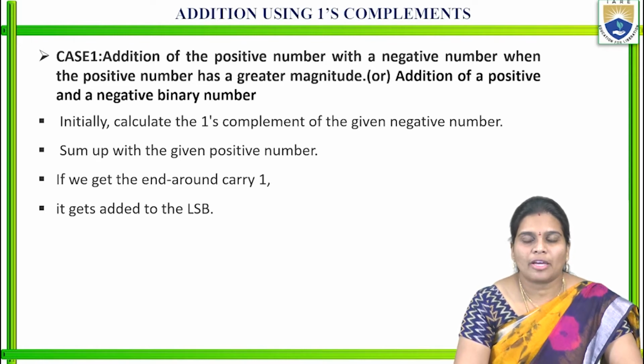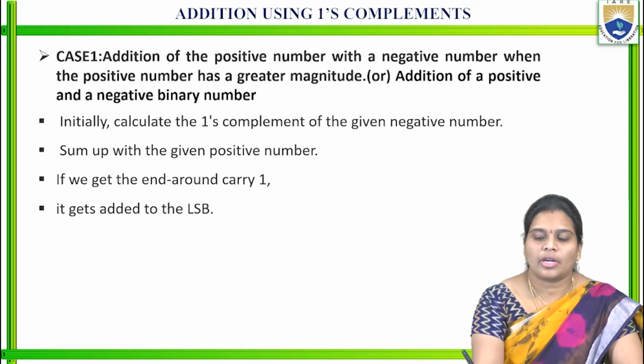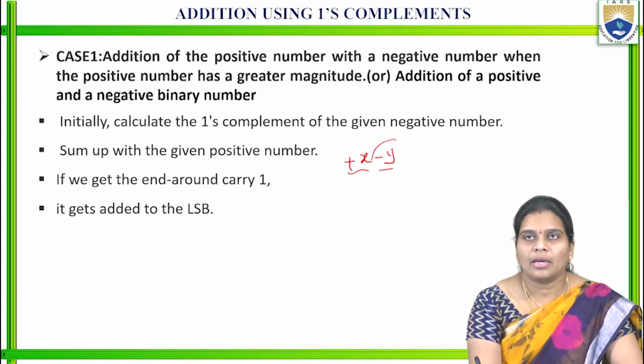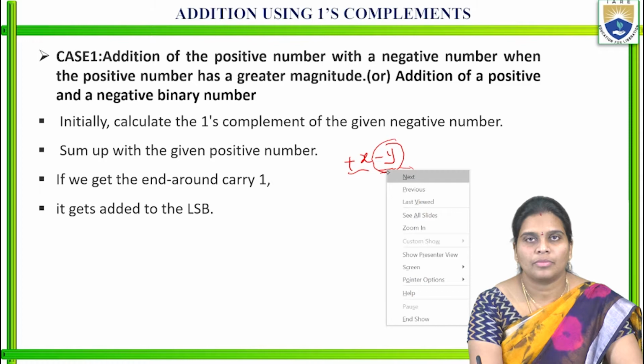So first apply the ones complement of that negative number. So if you are taking x minus y, apply the ones complement of that negative number. That means here we are applying the ones complement of the y value.